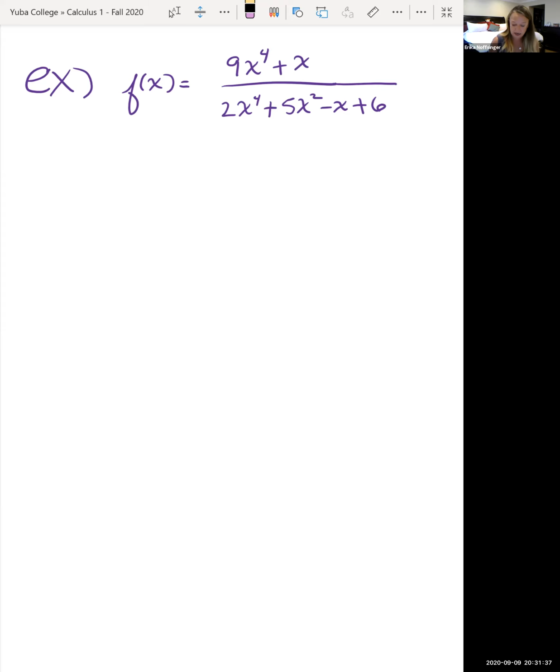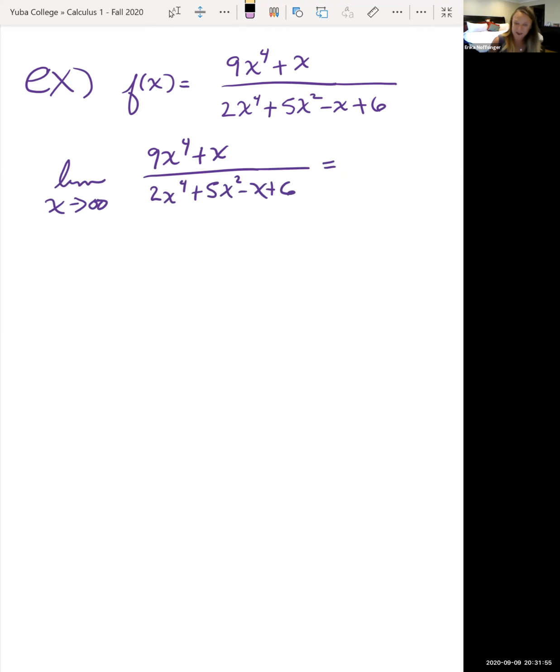So if I go in here and I'm looking at the limit as x is going to infinity of this function, so 9x to the 4th plus x in the numerator, all over this 2x to the 4th plus 5x squared minus x plus 6 in the denominator, I'm going to get 9 times infinity to the 4th plus infinity, which is infinity, all over this 2 times infinity to the 4th plus 5 times infinity squared minus infinity plus 6, which is still infinity.